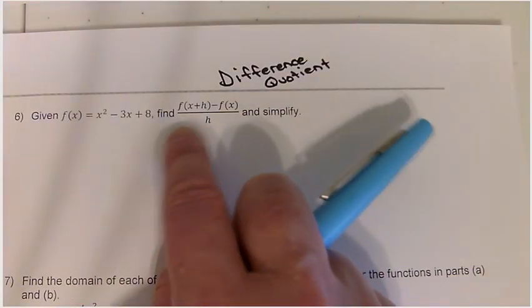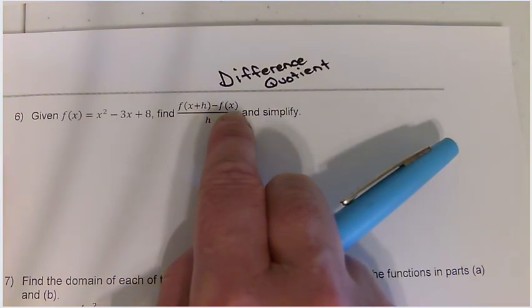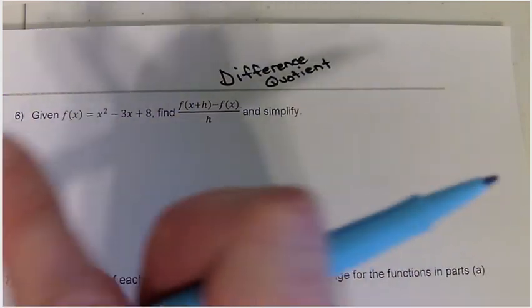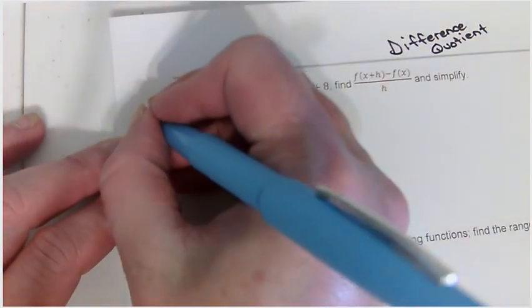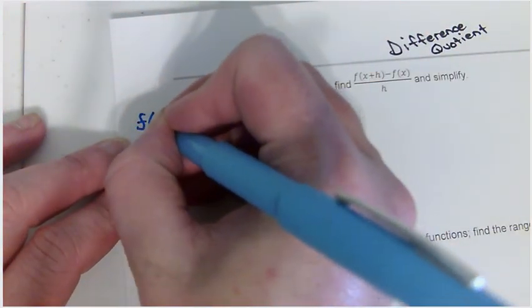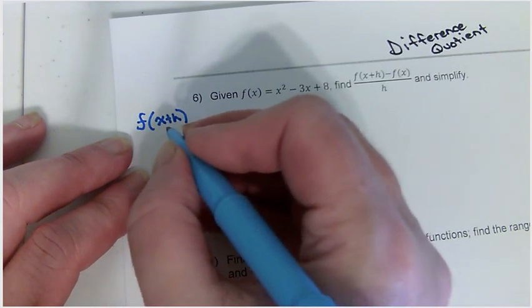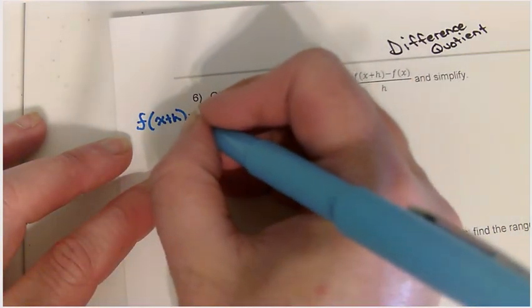It says to find f of x plus h minus f of x divided by h. Okay, so let's come off to the side and figure out what f of x plus h is. What that means to do is I'm given an expression. That expression will replace my variable. So that's going to go in where x is.